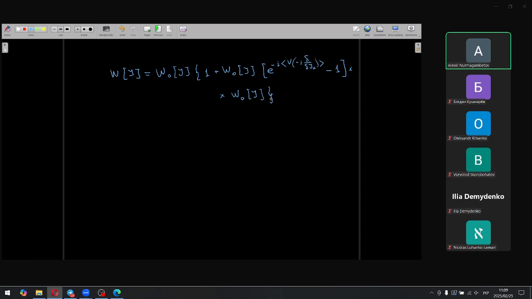And now in terms of W functional, recall that Z and W are related through the exponent of i W, Z(J).